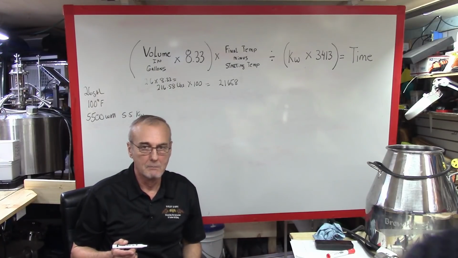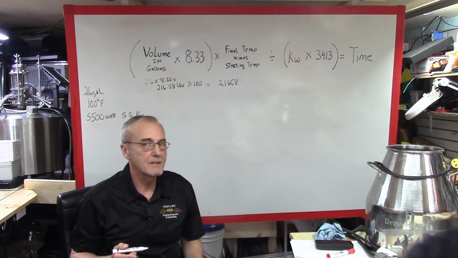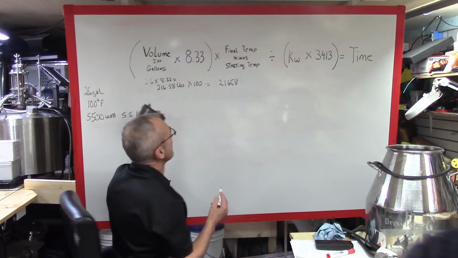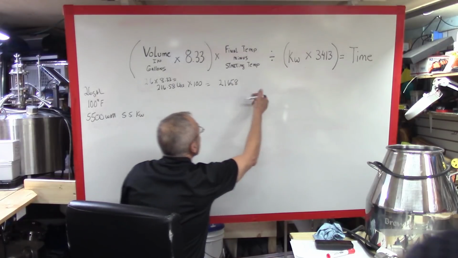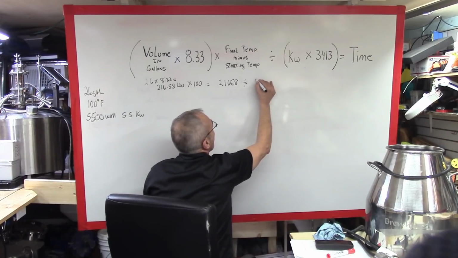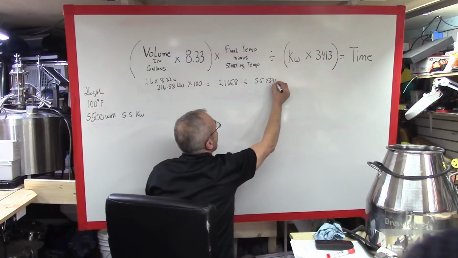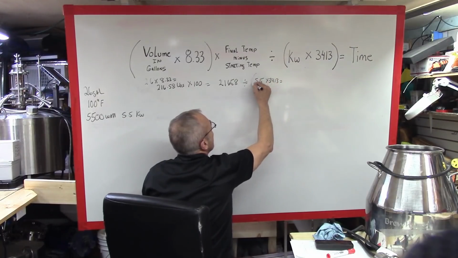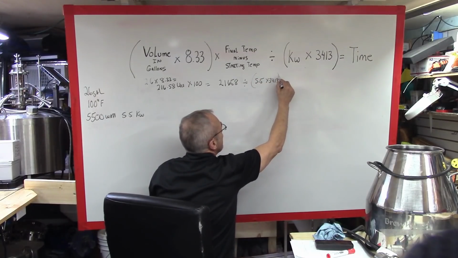See how easy it is to get tongue twisted and moved around. All right, now if I take this one and divide that by, what was my kilowatts? My kilowatts was 5.5 times 3413. What does that equal?